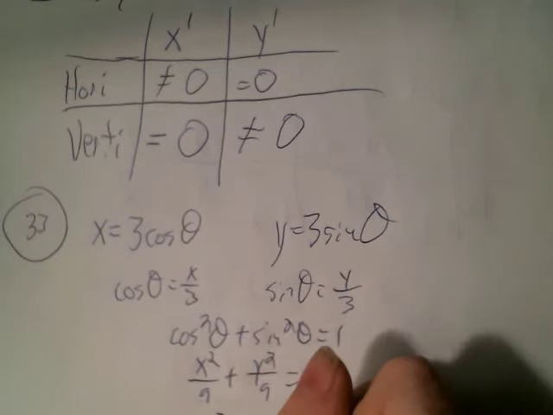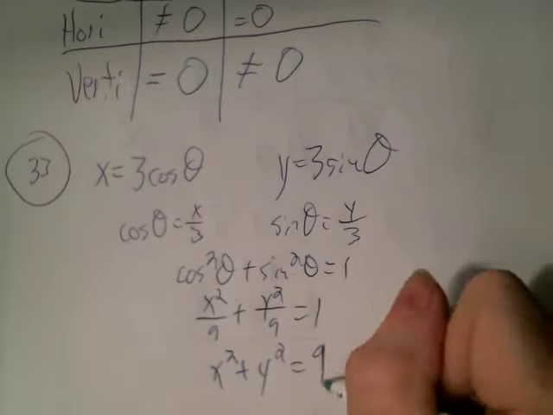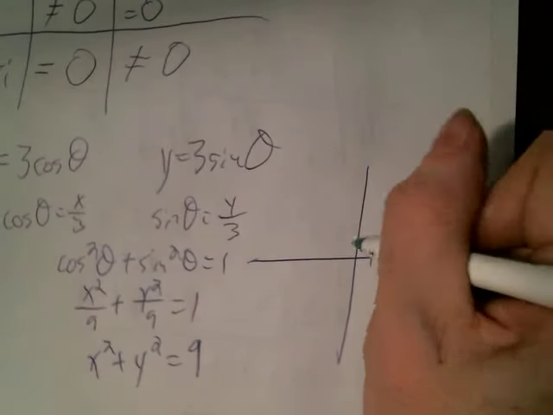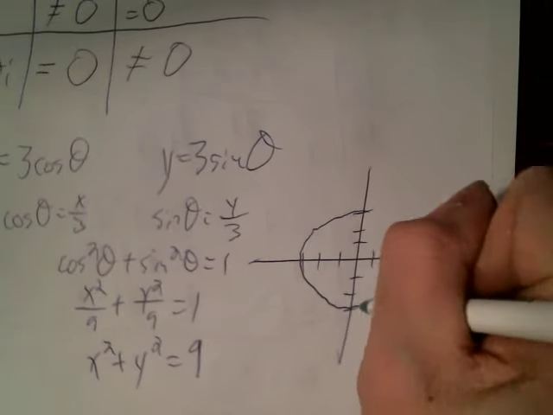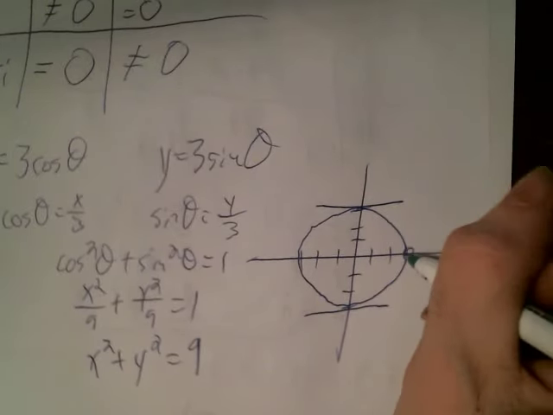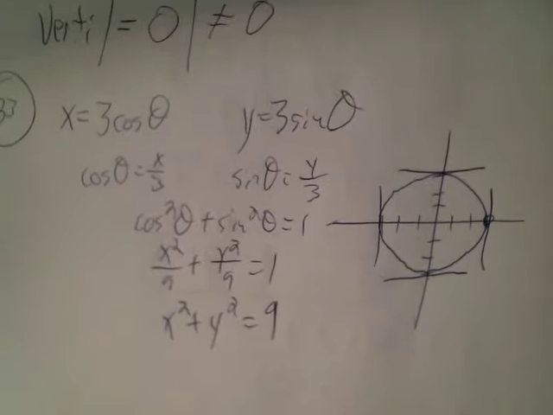So x squared plus y squared is 9 in the rectangular coordinate system. And then 1, 2, 3, 1, 2, 3, 1, 2, 3, 1, 2, 3. There's our circle. We should have horizontal tangents there, vertical tangents there. Okay, so we know the answer is what I'm getting at. But let's use this new way.